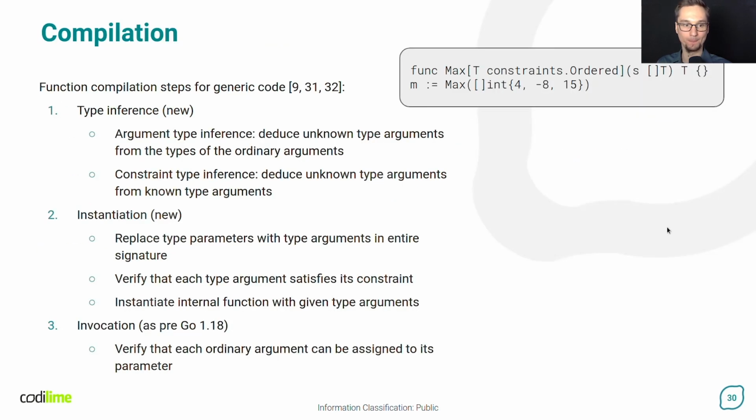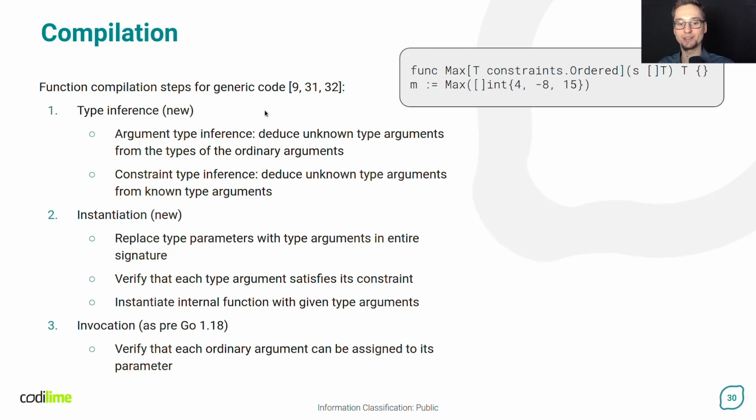Okay, let's talk a little bit about the compiler here. To support new language features, the compiler has been extended with two additional steps. The first step is type inference, which can infer, deduce the unknown type arguments.